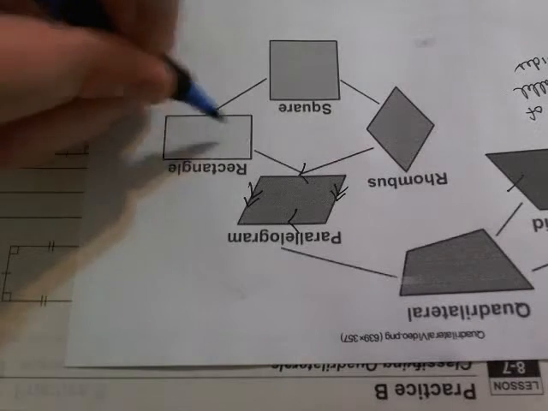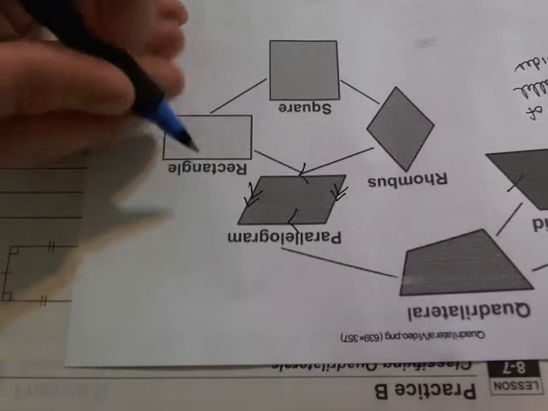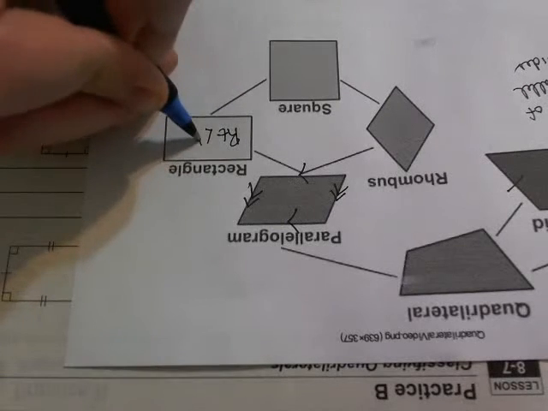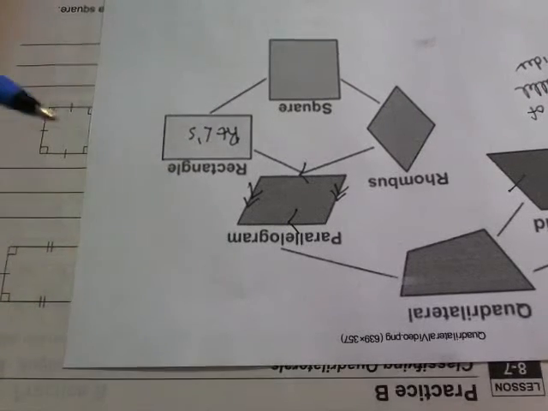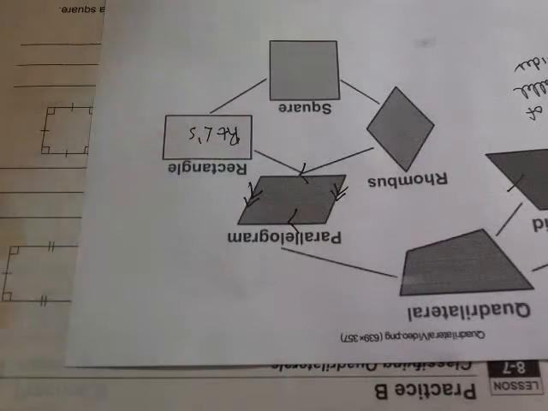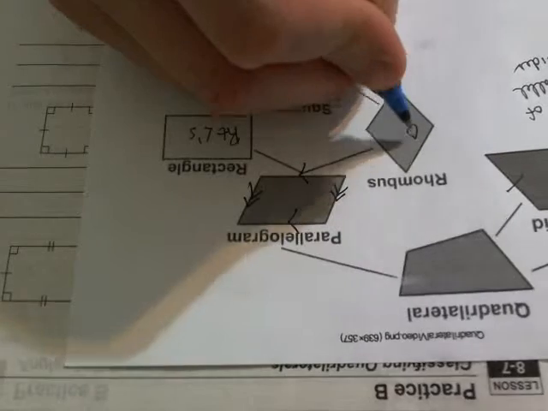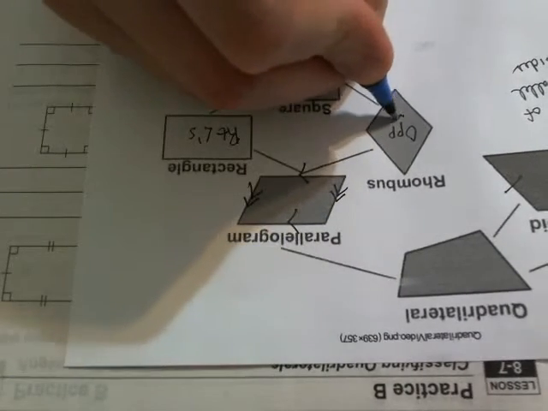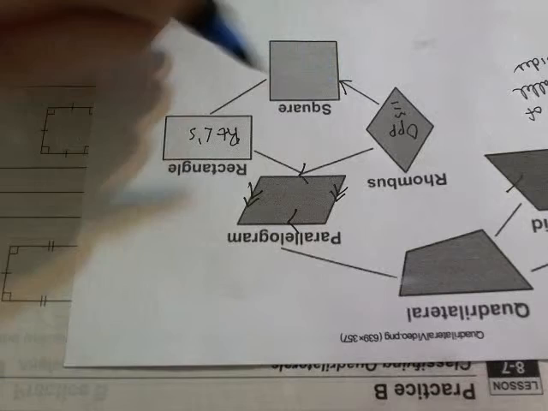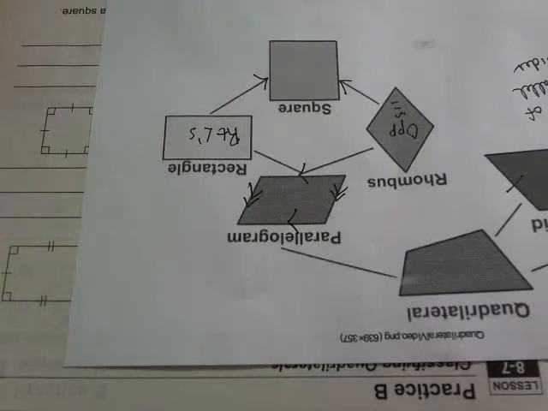If you end up here with right angles in your parallelogram, with the opposite sides parallel and congruent, then you have a rectangle. If you happen to have opposite sides just congruent, you would have a rhombus. And if you bring those two ideas together, where you have right angles and opposite sides congruent, then you end up with a square, which is why you can see those two are feeding together down here at the bottom for a square.